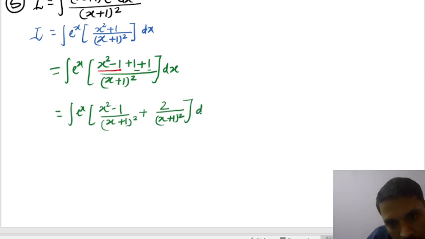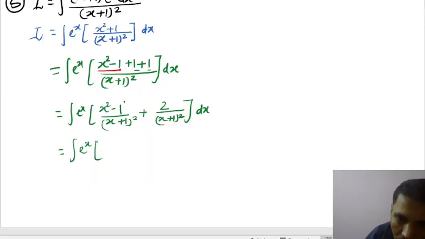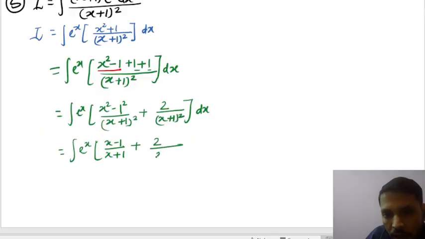All right. Now you can see two terms, but here we can cancel. If you see here, 1 we can write as 1 square. So it will be x minus 1 into x plus 1. That means here remaining will be x minus 1, and with x plus 1 the denominator power will get cancelled. So here we have just x plus 1, and here we have 2 by x plus 1 whole square, right?